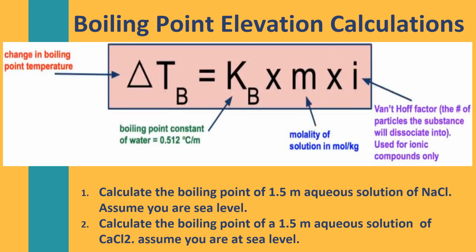So let's take a look at these examples, and hopefully you can catch on. This example here is a 1.5 molal aqueous solution of sodium chloride. We're going to assume we're at sea level, so pressure doesn't come into play here. We want to calculate the boiling point of the solution.